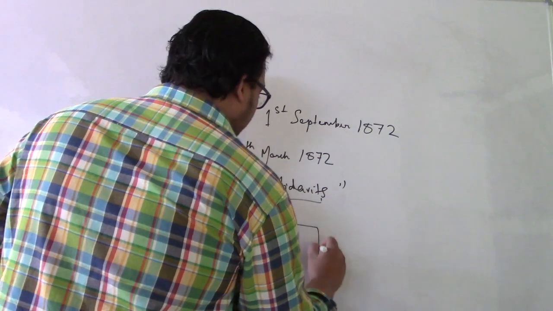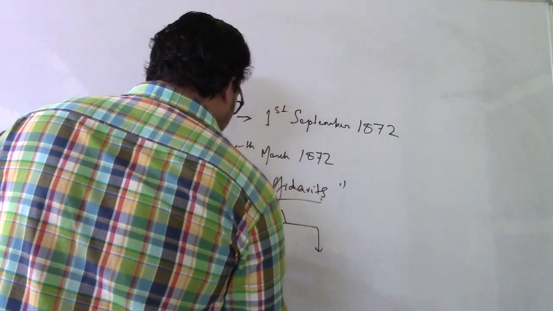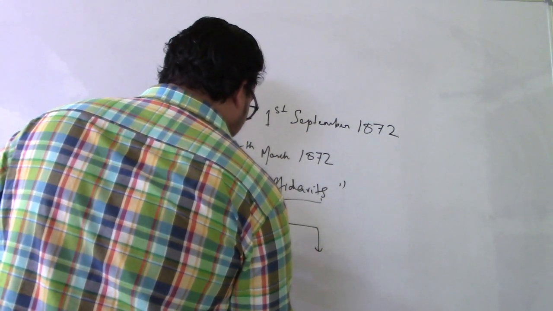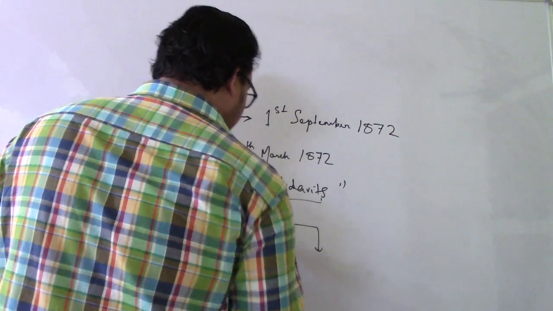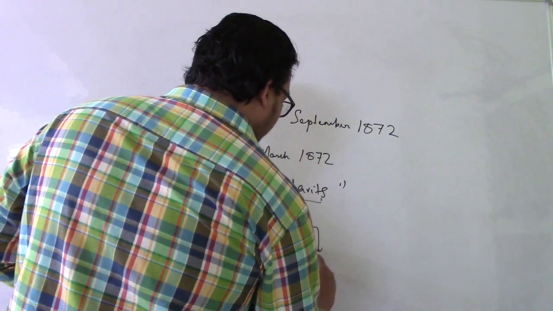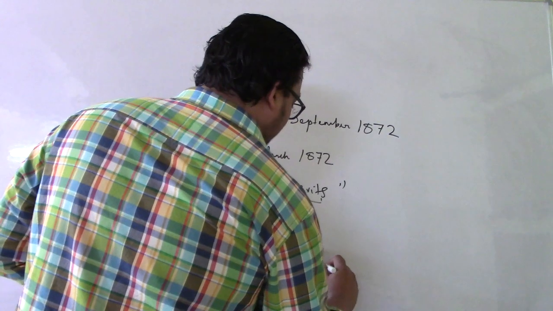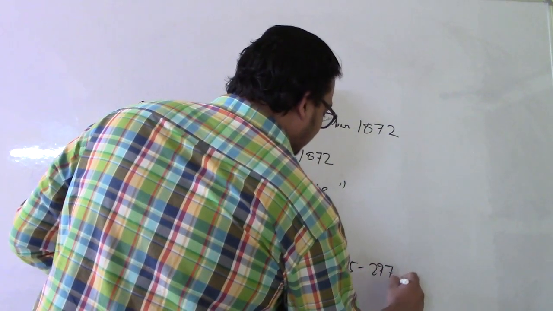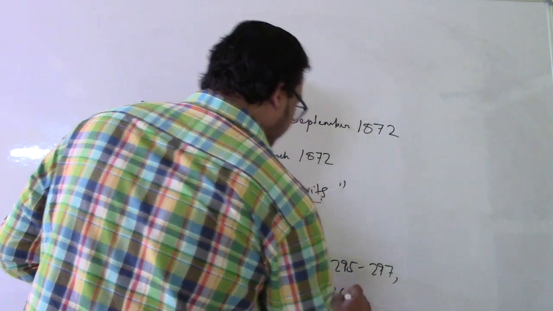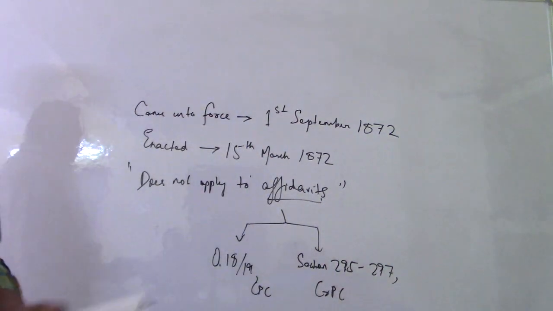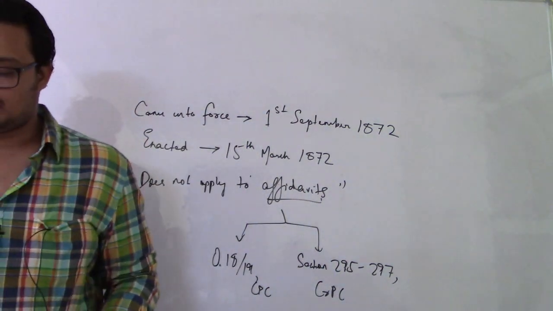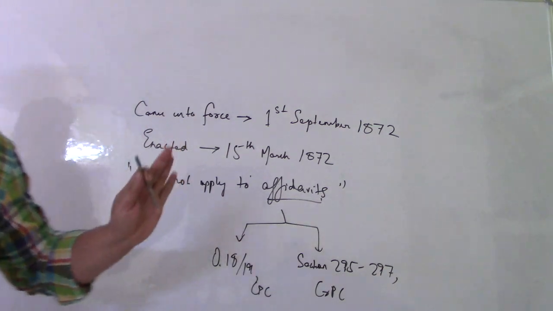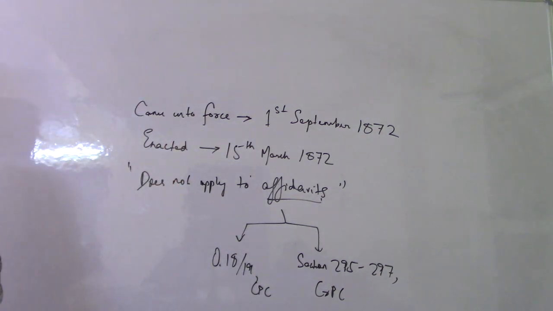But in case of Order 18 read with 19 of CPC, as well as, you can check this, I think it should be sections 295 to 297 of CrPC, affidavits can be given. But remember, it's only based on the permission of the court.